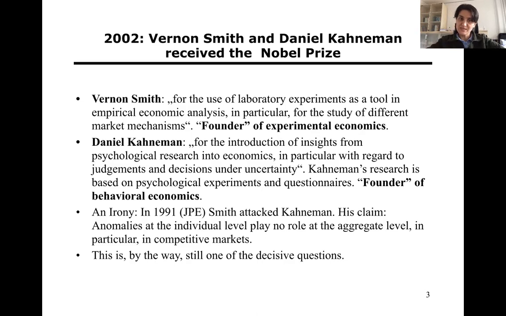So Smith is saying that anomalies at the individual level play no role at the aggregate level. At the aggregate level, we obtain the prediction. By the way, this is still one of the decisive questions: whether you look at the aggregate level, what you obtain, is theory predicting well or not, and what the anomalies are. I think both of them are important.